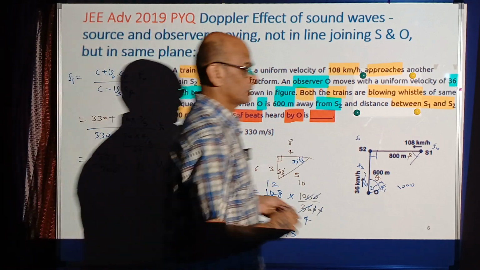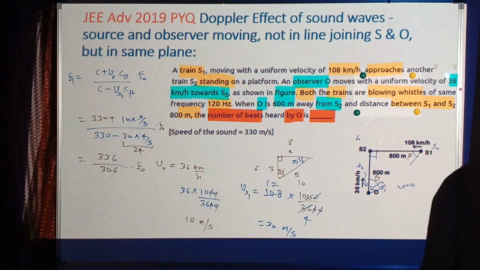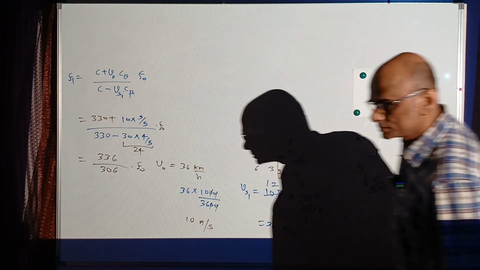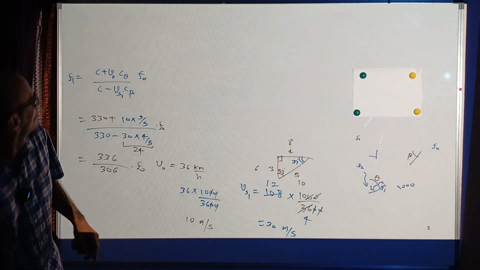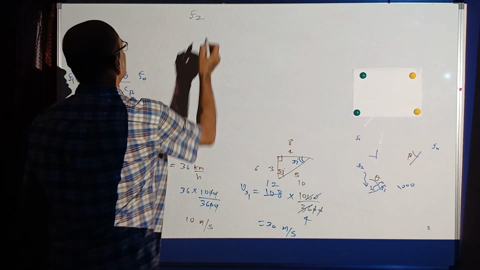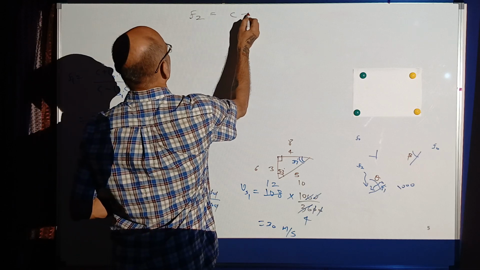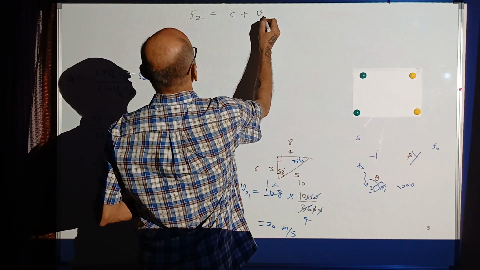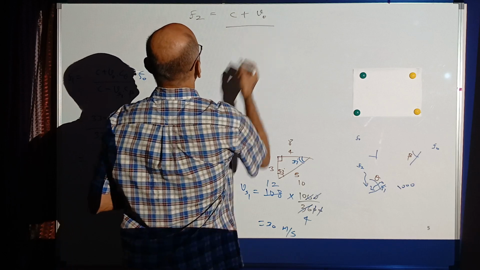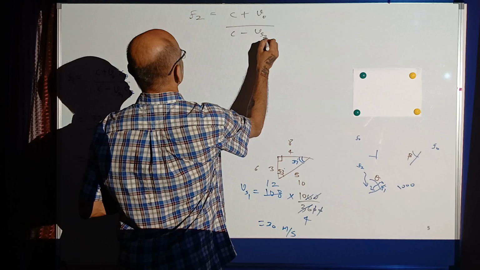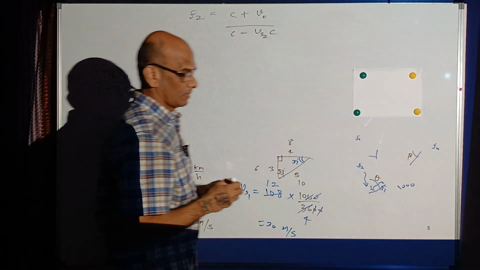Now to find F2, F2 is again C plus velocity of observer in the direction of the source S2, divided by C minus velocity of source 2 and cos of angle.